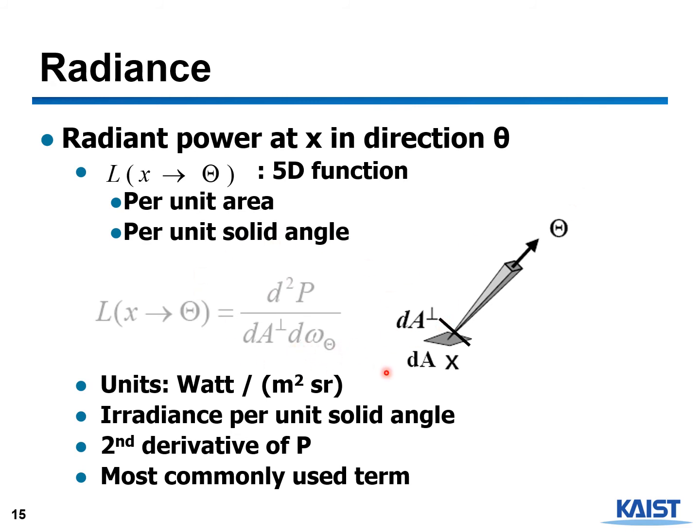So the unit is watt divided by meter square, also per unit of the solid angle. This irradiance per unit solid angle, again, is the second derivative of the power. That's why I use the second derivative, and it is the most commonly used term.